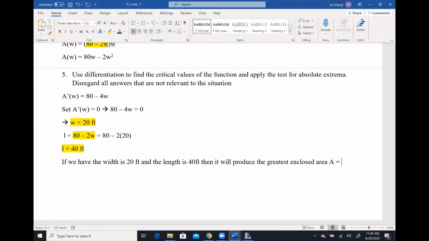So it equals 40 times 20, so I'm gonna say area max equals 800 square feet.